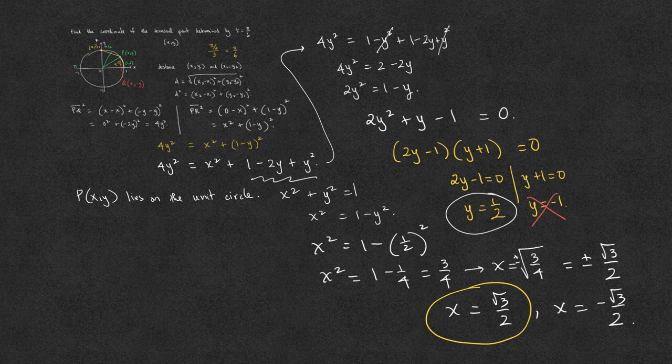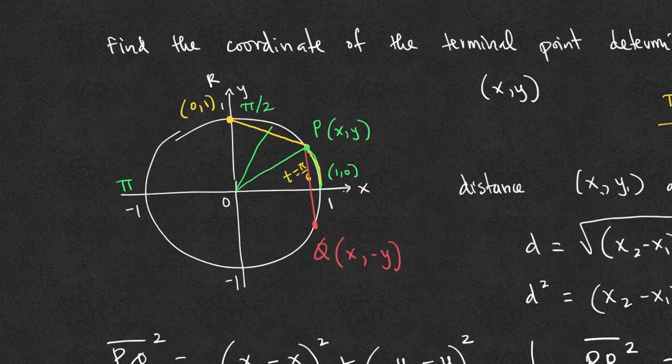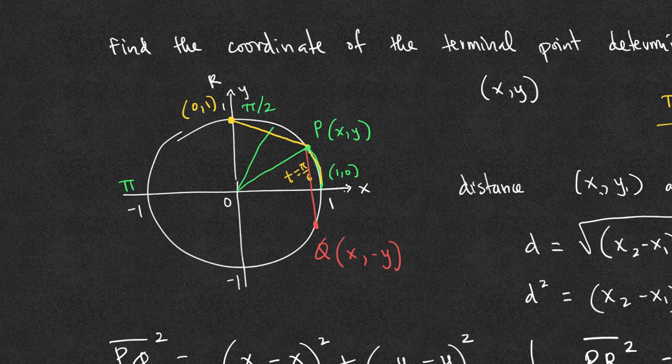The answer we're looking for, P x comma y, is root 3 over 2 comma 1/2. The terminal point associated with the number pi over 6 is root 3 over 2 comma 1/2.